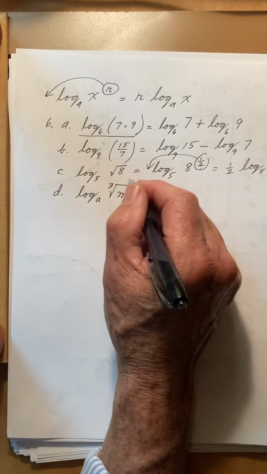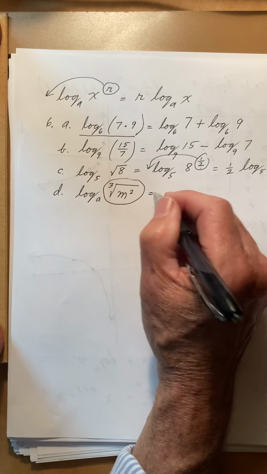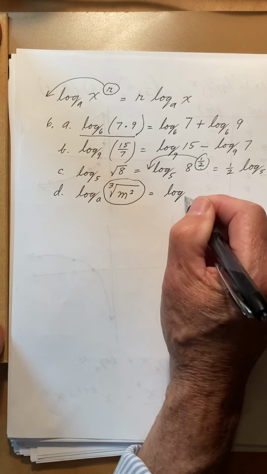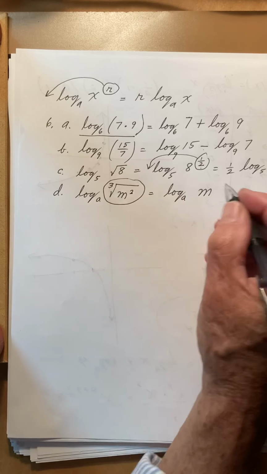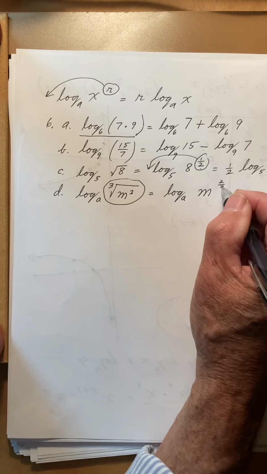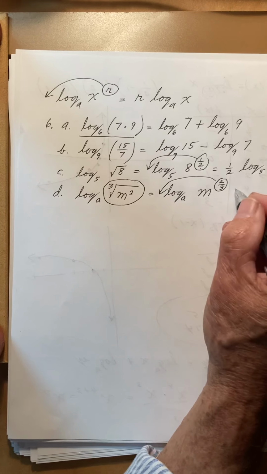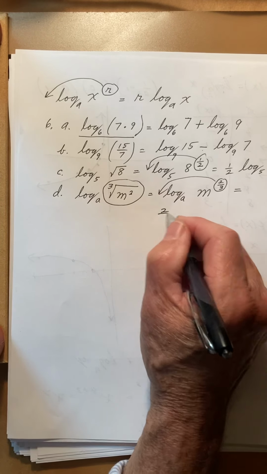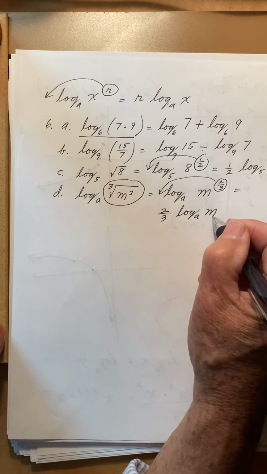So we can rewrite this in exponential form. Log base a of m to the 2 over 3 power. And we can take this 2 over 3 and put it out front using the power property, 2/3 log base a of m.